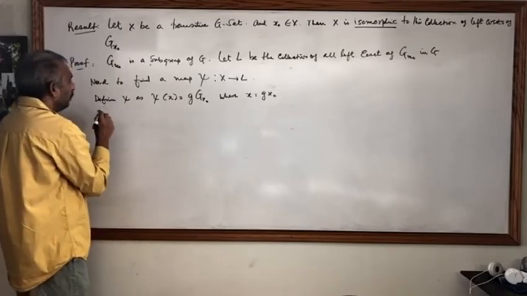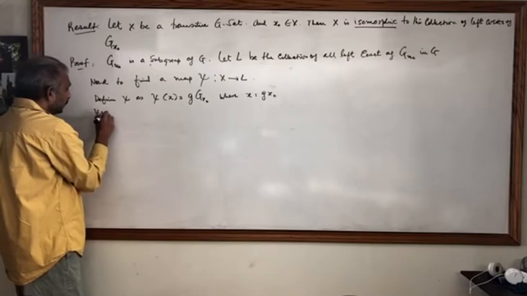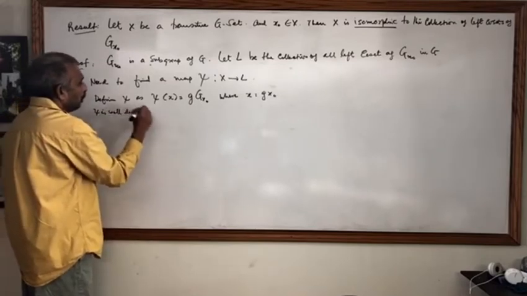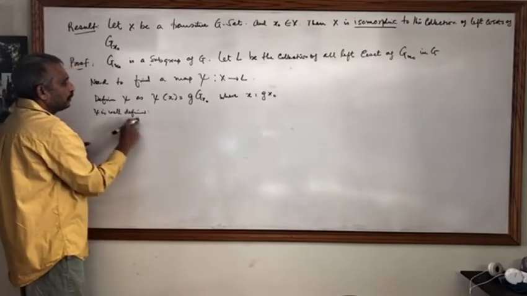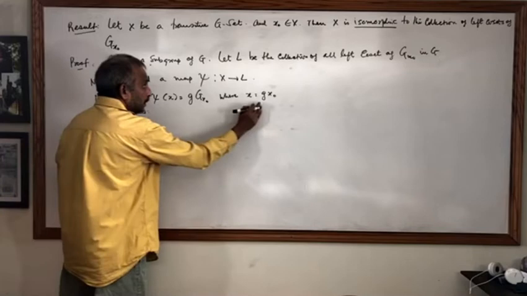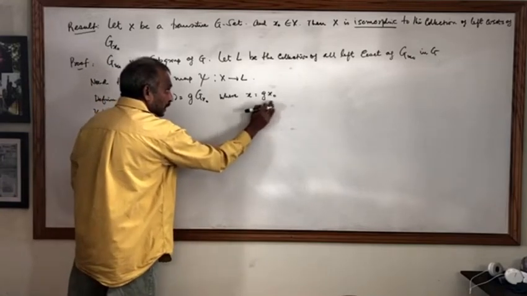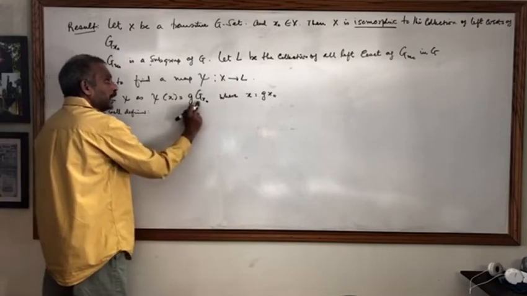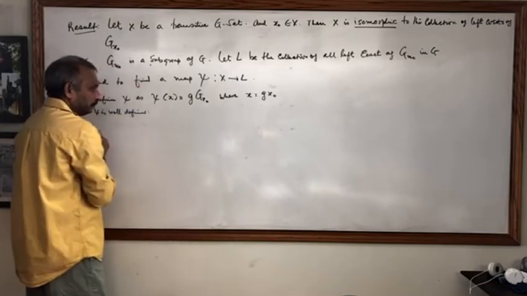Now, psi is well defined. How do you prove that it's well defined? If x is represented as g1x0 and g2x0, it should still point to the same left coset.